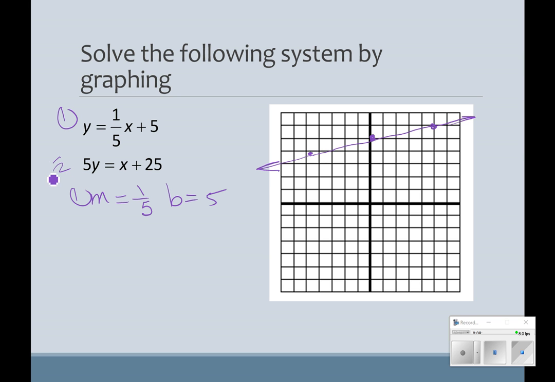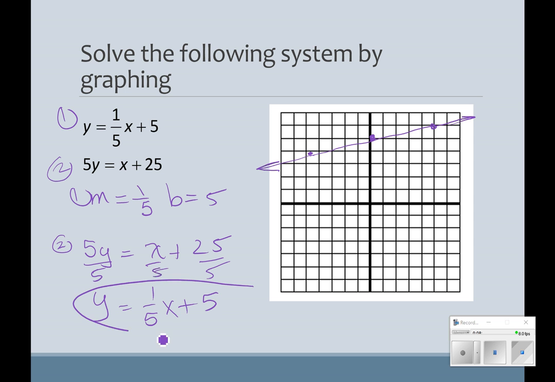My second equation, we need to solve for y, so we're just going to divide everything by 5. And I'm going to get y equals 1/5 x plus 5. Well, that is the same as my first equation, so obviously they're going to graph the same line. When that happens, we say that there are infinitely many solutions.